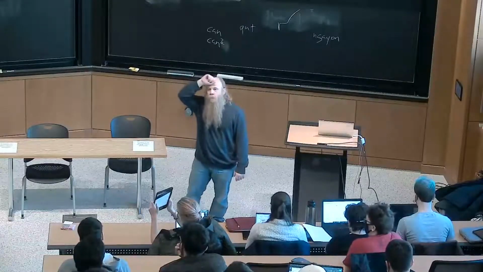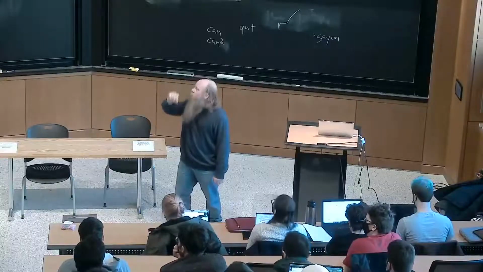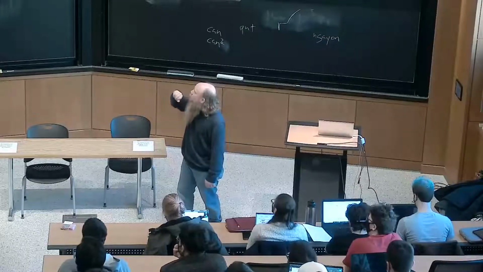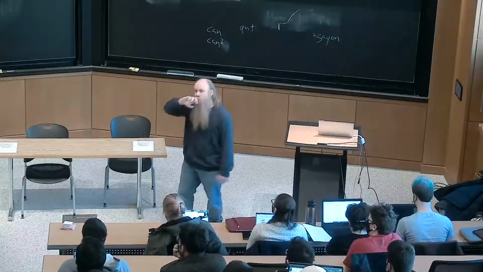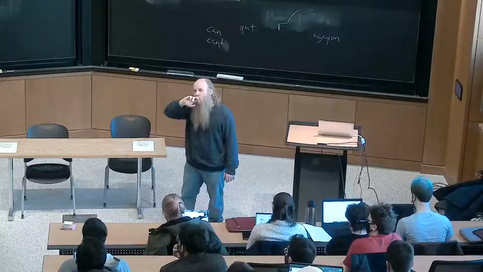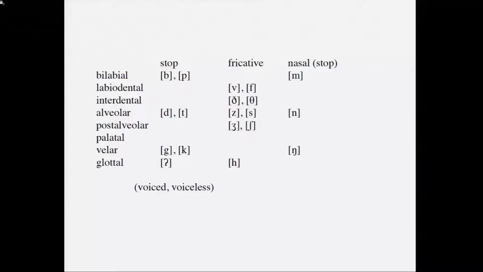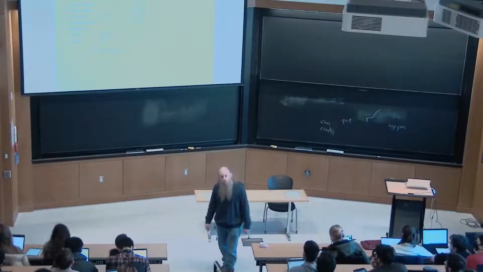Yes? I noticed there's no J or Y called palatal. Oh, yeah. Actually, I don't know where this J would go. So we haven't yet gotten to the kind of sound that J, the sound at the beginning of a year, is. You're absolutely right.